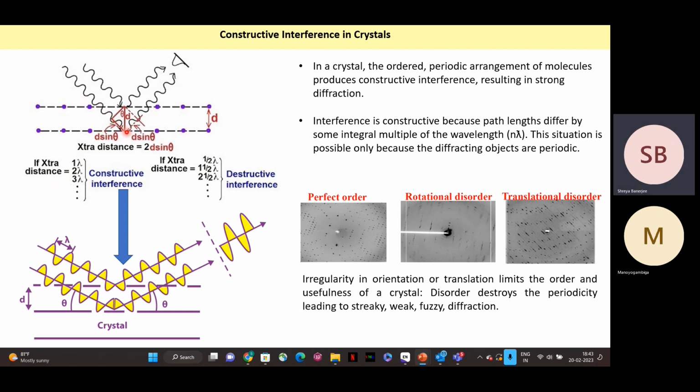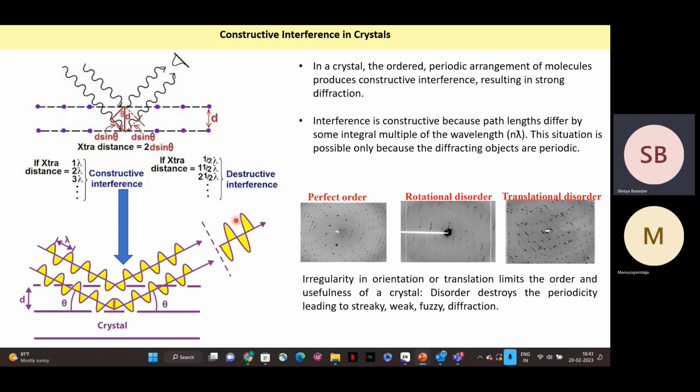This extra distance of 2d sine theta that is traversed by this X-ray can be of different lengths. If it is an integral multiple of the wavelength of the X-ray, then there is constructive interference. What constructive interference basically means is that you have two X-rays and their peaks and their troughs correspond.